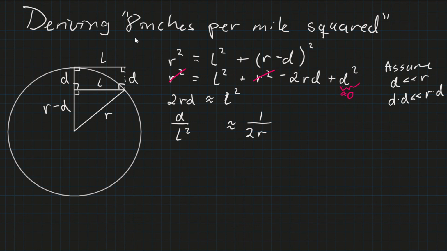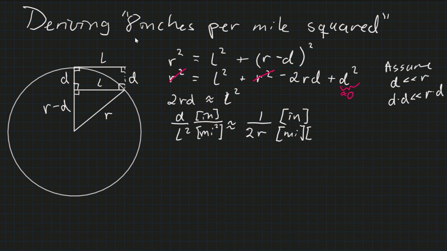But we want to have the result in inches per mile squared. So we need different units, so we need a conversion factor inside. And so to deal with that, I'm going to insert some units. We want this one to be in inches per mile squared. All right, mile squared. And we need to add that on the other side too, to be consistent. Inches per mile.